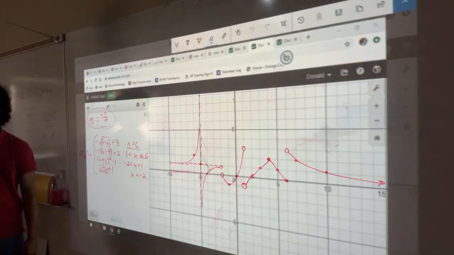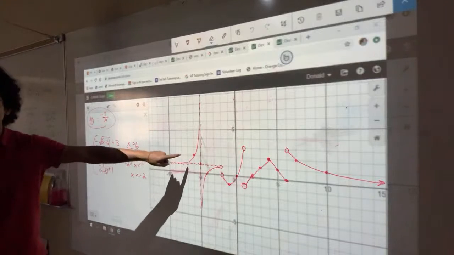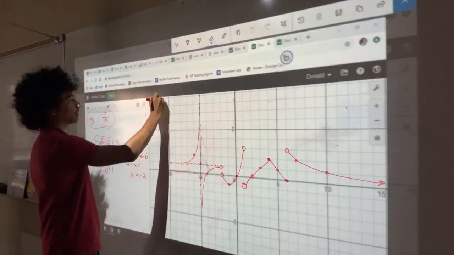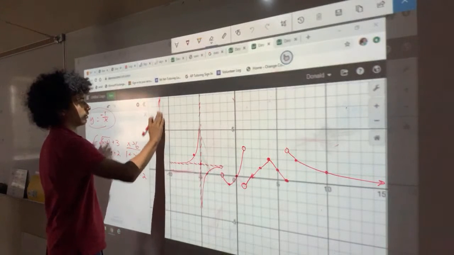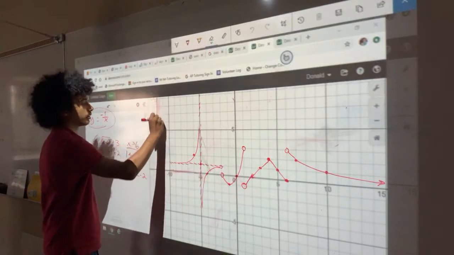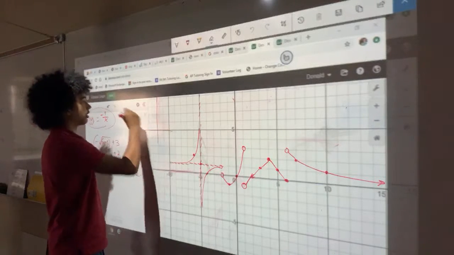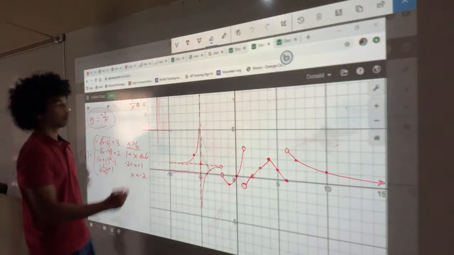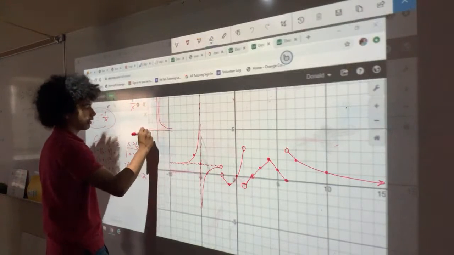How'd you get the second point on that side? What, this? Yeah, how'd you get that? Oh, okay, so if you remember, I'm just going to make a little makeshift graph over here. The regular 1 over x, the way that that looks, it looks kind of like this and this.